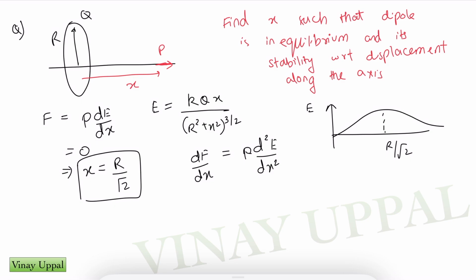So at the maxima, the double derivative is negative. We know that from calculus, and therefore dF by dx will be negative, and therefore this equilibrium is a stable equilibrium position. So I hope you've understood how we solve this question. It's very straightforward, provided you remember the position of the maxima of the ring.